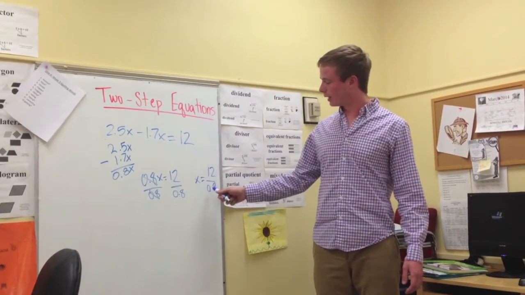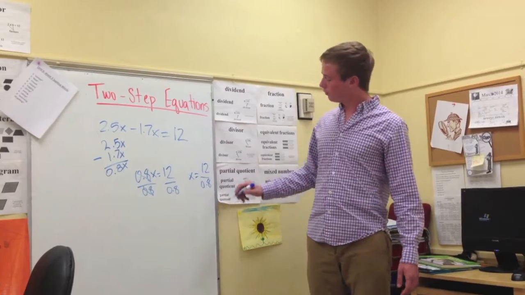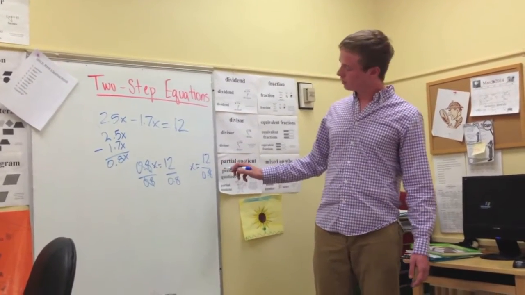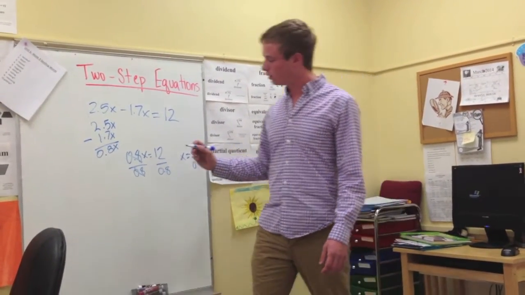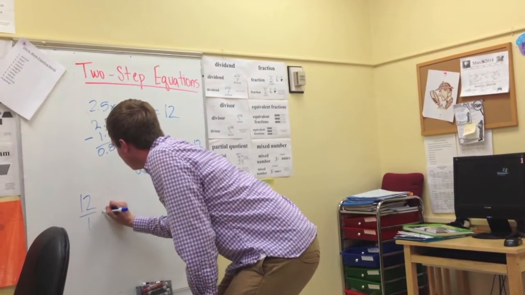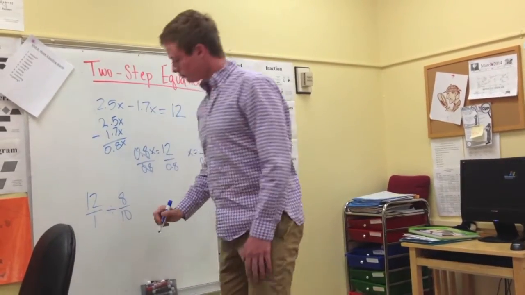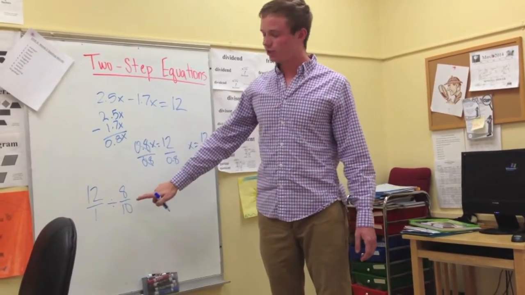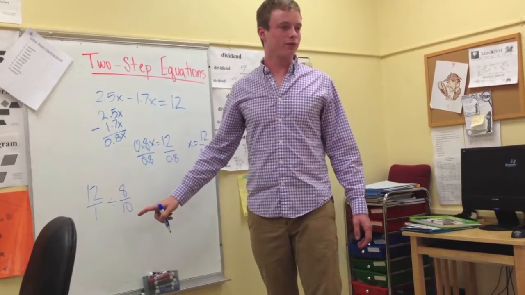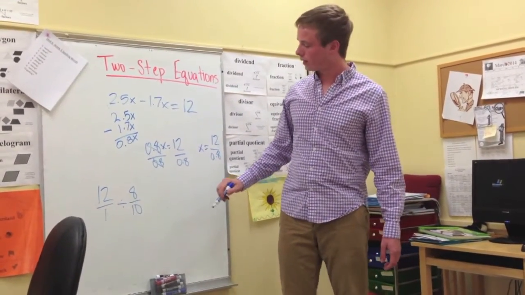Do we remember how to simplify a fraction like this? Before we divide, we have to turn things into fractions, and then it's a lot easier. So we have 12 over 1 divided by 8 over 10. If we're dividing fractions, how can we make this easier for ourselves? We multiply and flip it. Exactly.